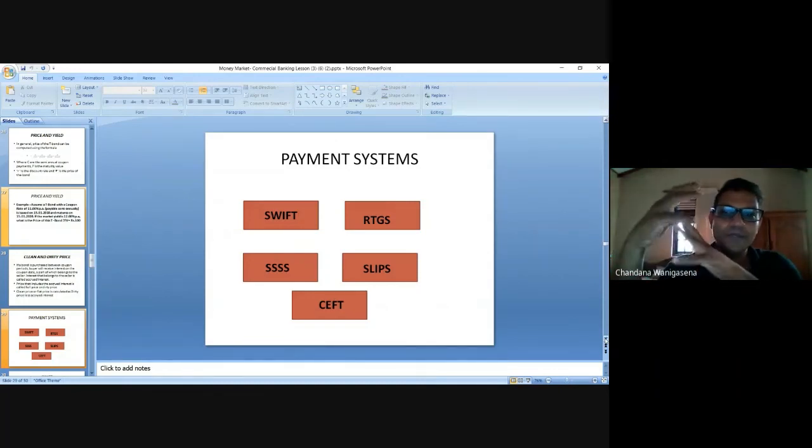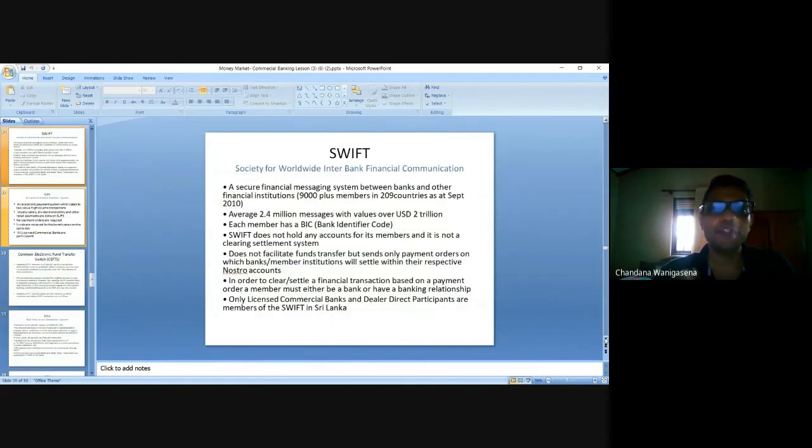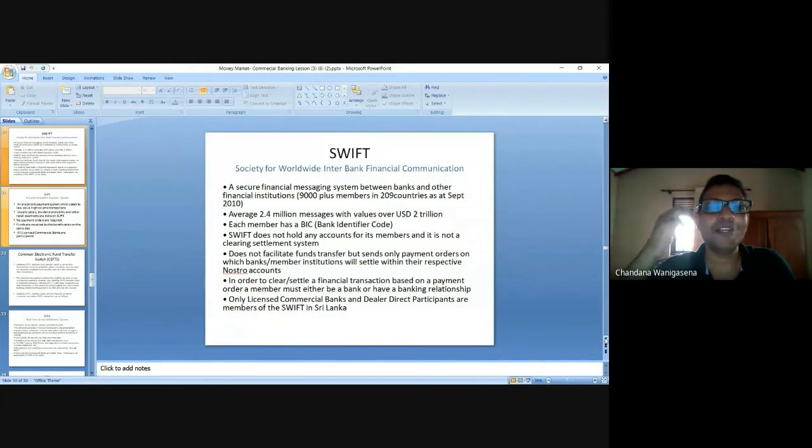SWIFT is more than a payment system, it is a messaging system, and it is a very common one. I think you will know this by now since you all work. SWIFT stands for Society for Worldwide Interbank Financial Communication, used for all international trade transactions.